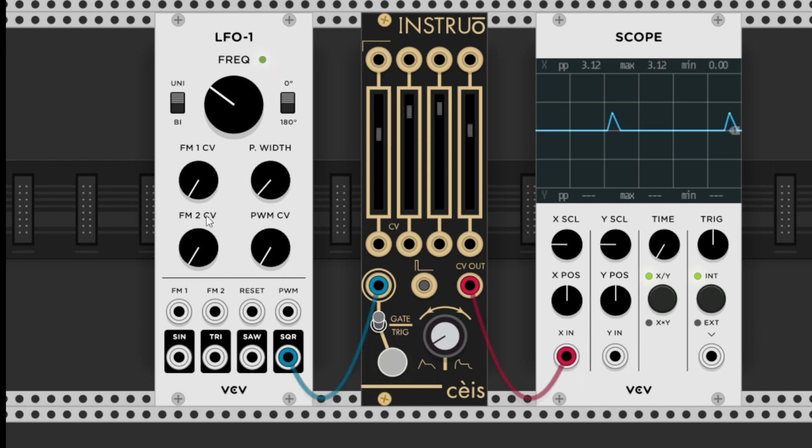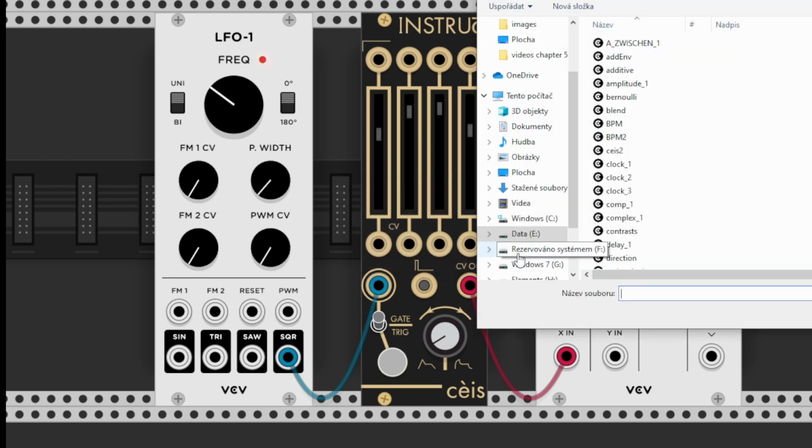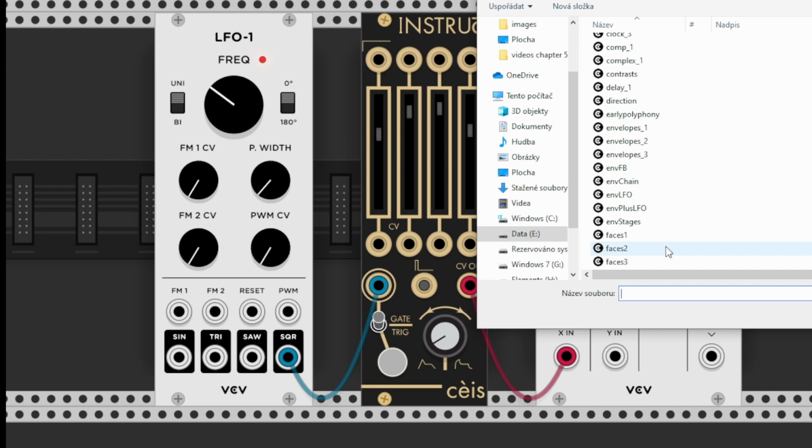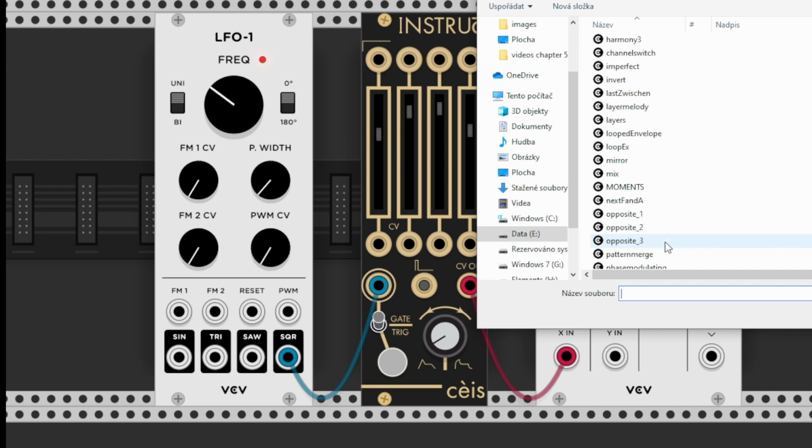So let me demonstrate something. Let me open a new patch, and I think it's called Instru 2 or something like that. Where do we have it? Yes, here it is.